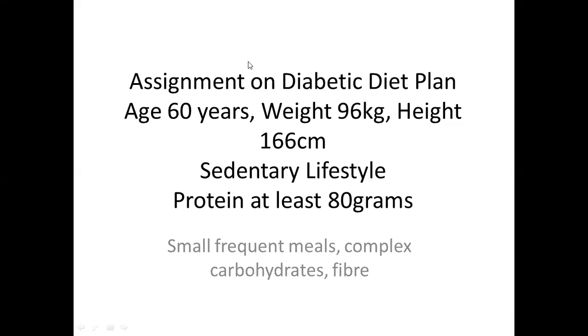This is not a page number, this is just the assignment done by the students. So the calories are approximately around 1500. You can round it up to 1500, giving them a calorie target per day of 1500, which should satisfy the need.